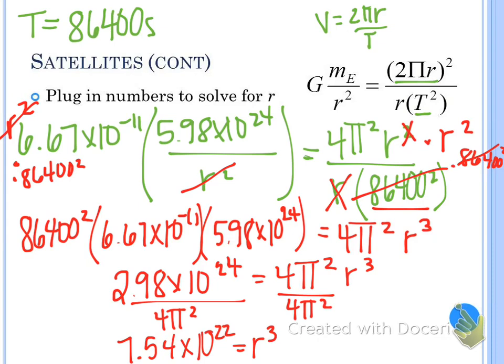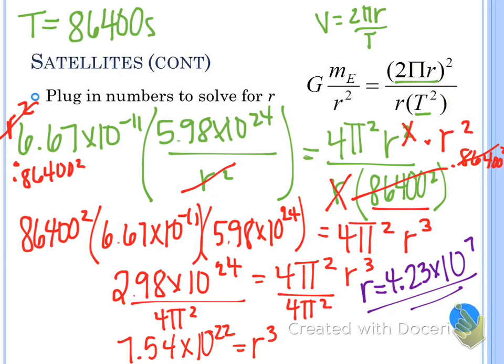Do we agree with the 7.54 times 10 to the 22nd? I'm running out of room here. What do we have a radius equal to? Times 10 to the 7th. However, when we look back at our original problem, what did it ask us? Above the Earth's surface. And what does this radius value give us? This gives us the distance from the center of the Earth to the orbiting satellite.